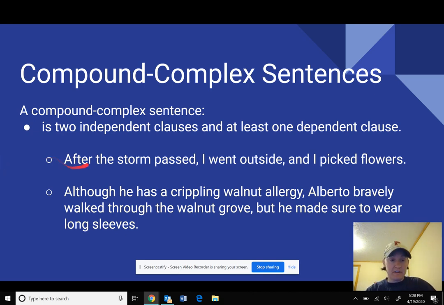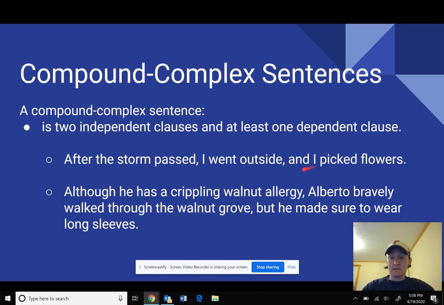So if I start here and I say, after the storm passed, comma, hopefully you notice after is an Awubis word. So after the storm passed, that's why we have the comma. That can't stay on its own, so that's a dependent. I went outside. That's a perfectly good sentence, so that would be independent.